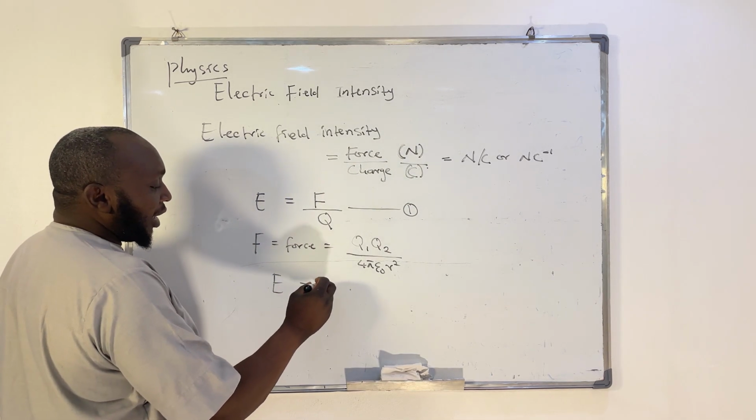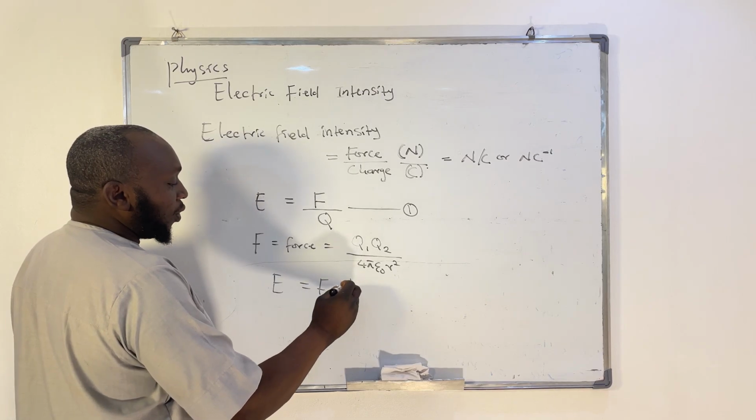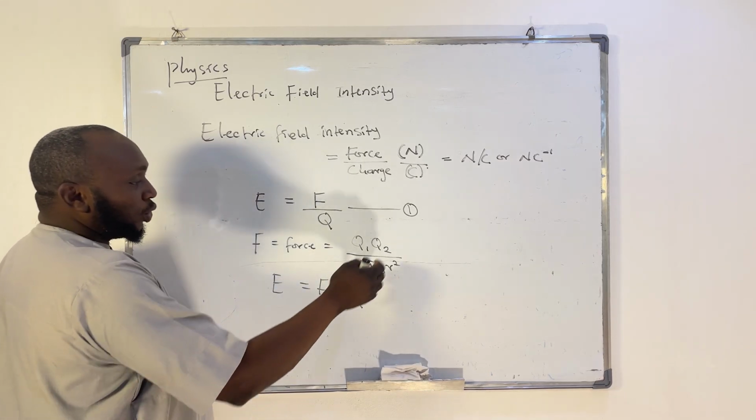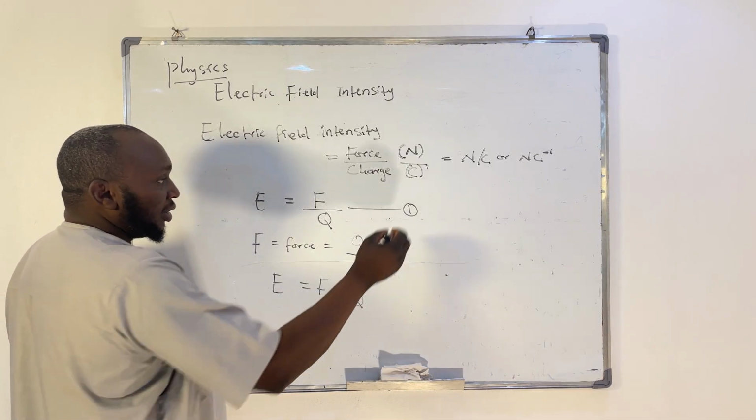We can get E equals F times 1 over Q. Substitute the value of this F into this equation.